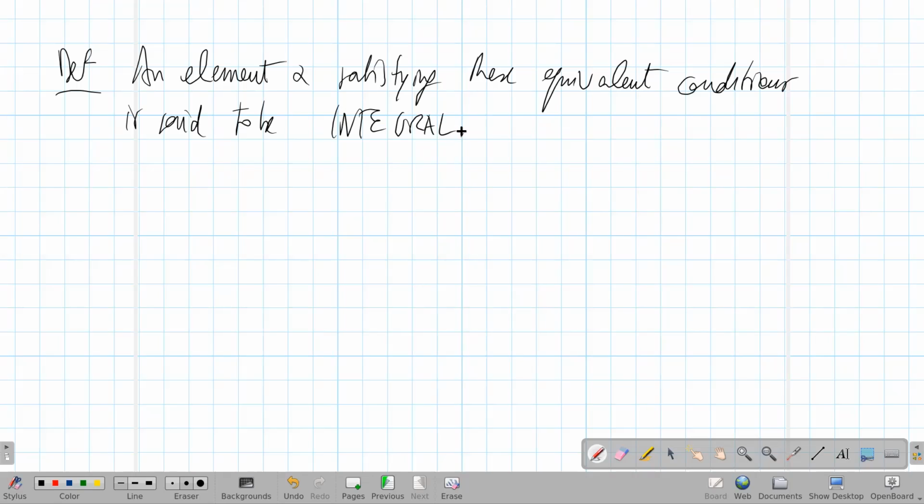Okay, so integral means to be a root of a monic polynomial with integer coefficients, or satisfies the other equivalent conditions. There is an important particular case.